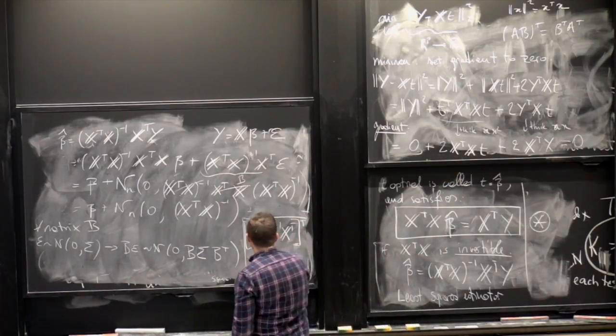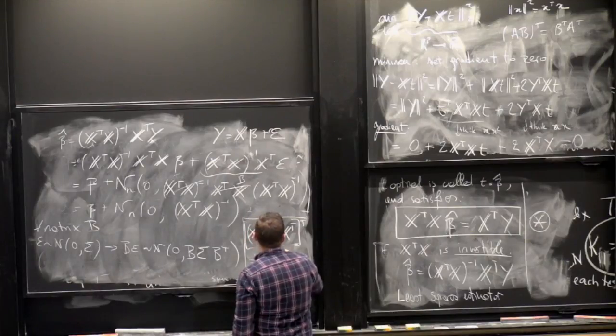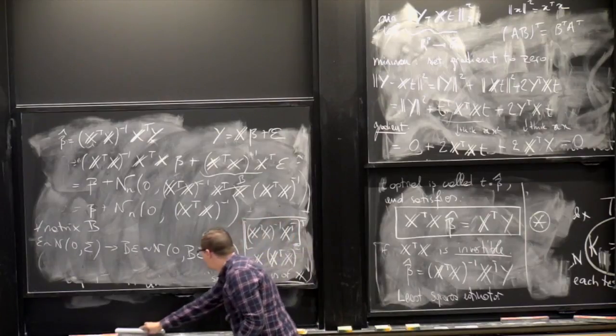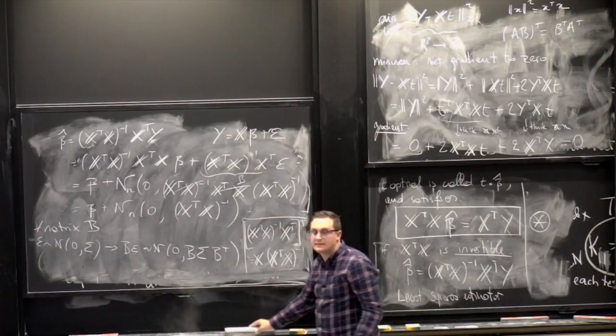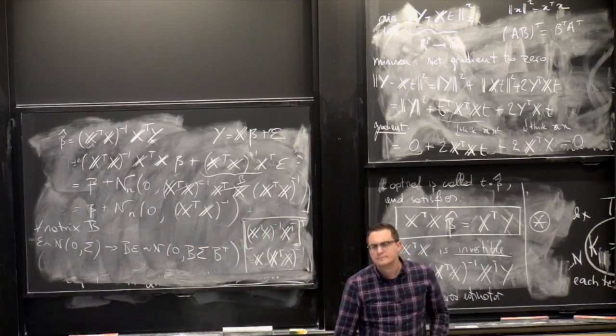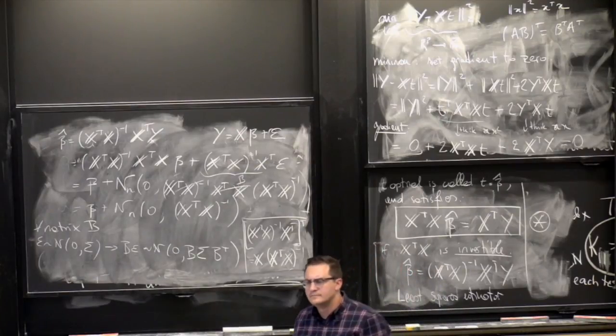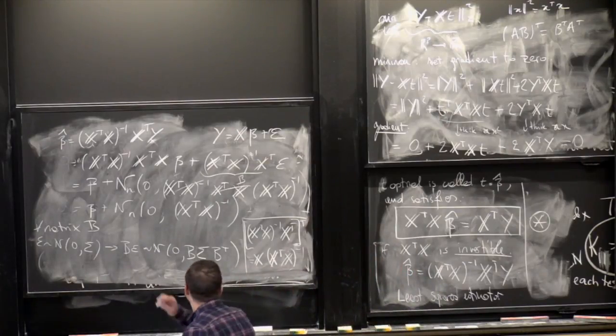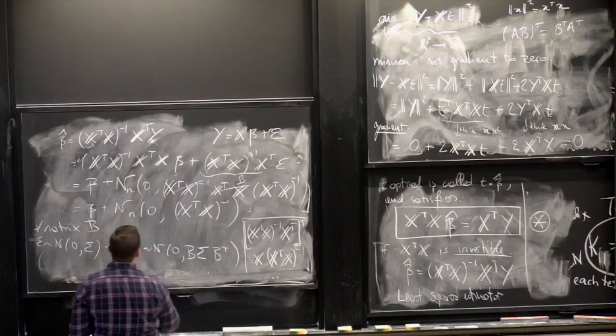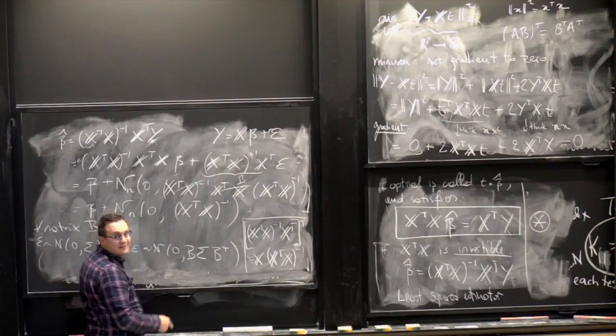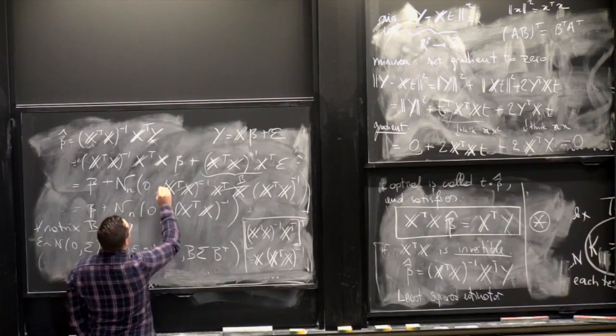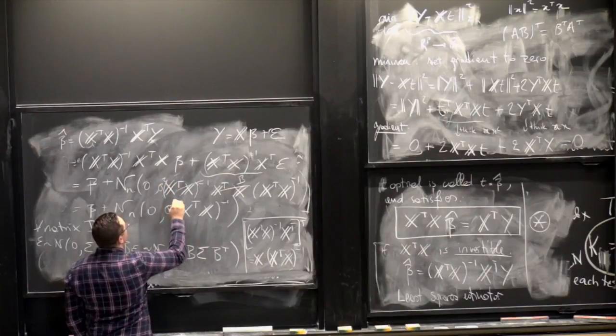And it's X transpose X inverse. I thought for epsilon, it was sigma squared. Oh, thank you. There's a sigma square somewhere. So this was sigma squared times the identity, so I could just pick up a sigma square everywhere.